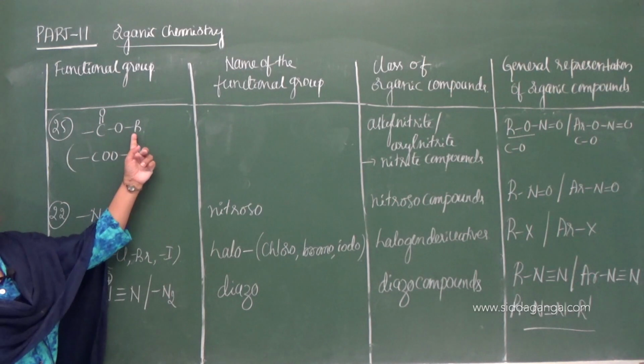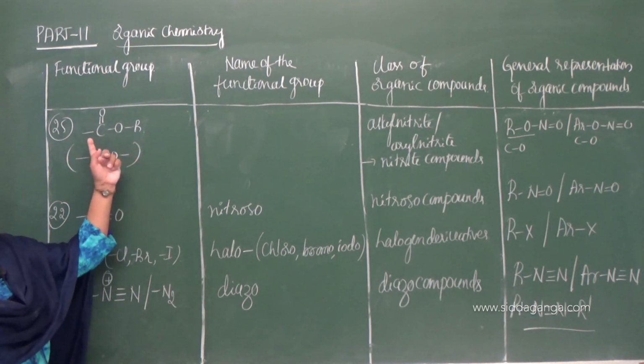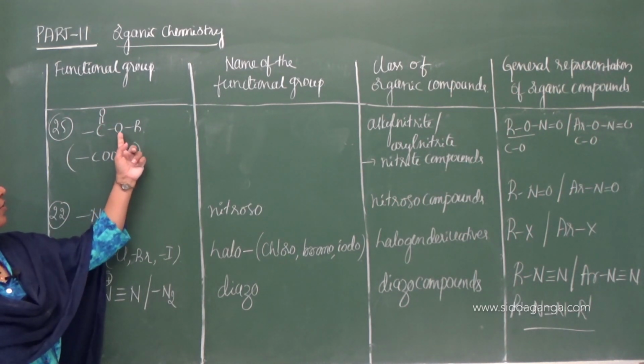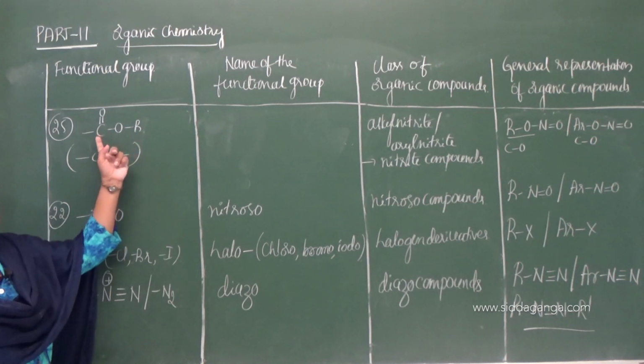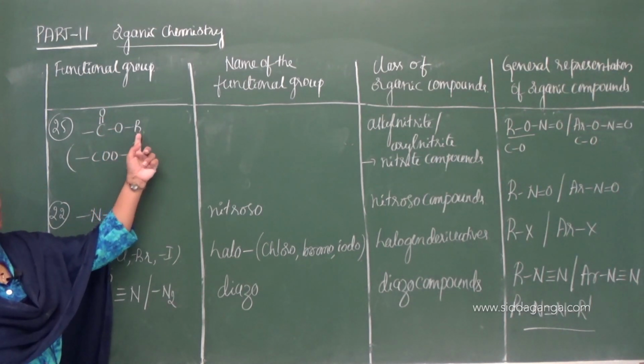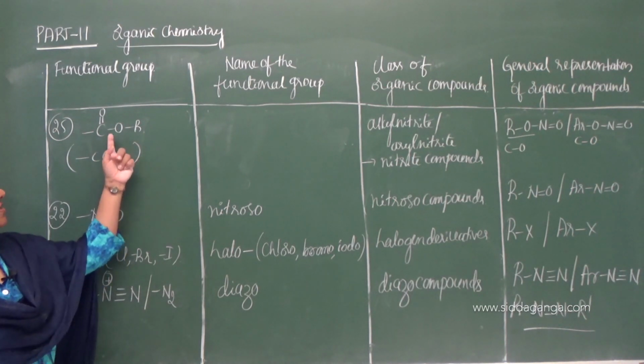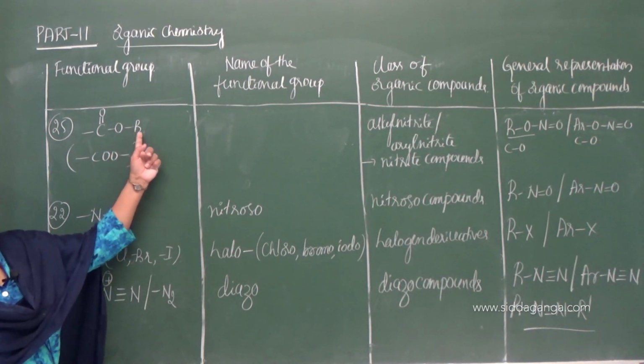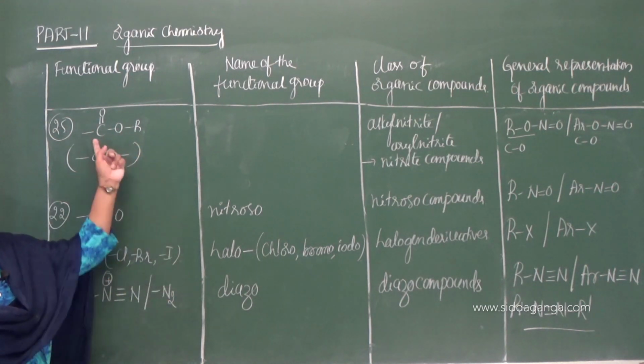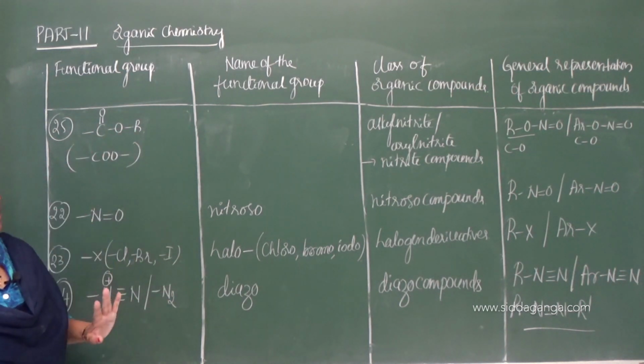Therefore, in general we represent it as C double bond O, O, R. Clear? Because this oxygen is always attached to the alkyl group, I have given the functional group in this way.